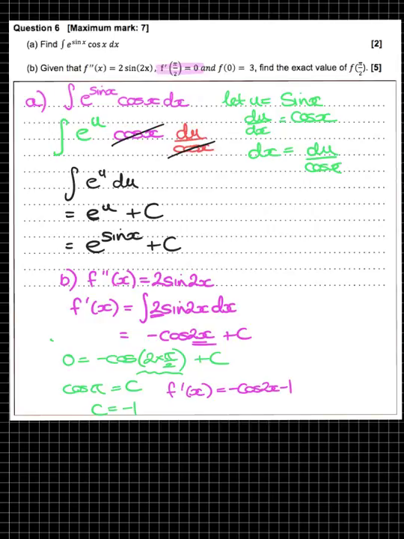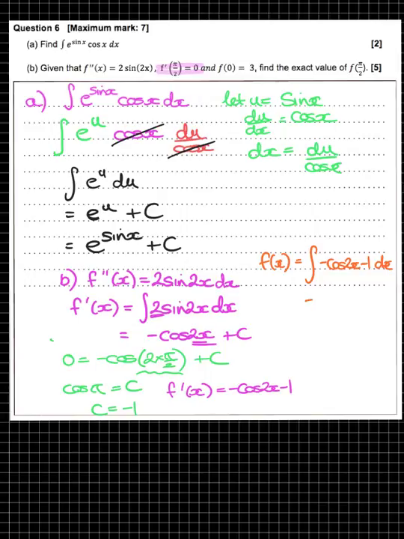Okay, so now let's change colours again. F of x is going to equal the integral of that, negative cos 2x minus 1 dx. We should put a dx on there as well. Okay, so we integrate again. When we integrate cos, we get sine.